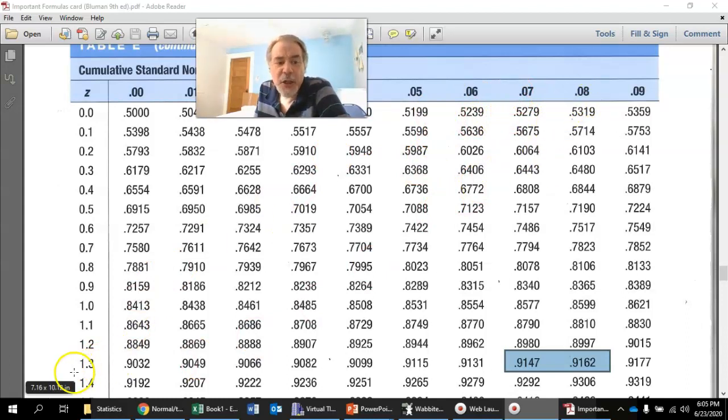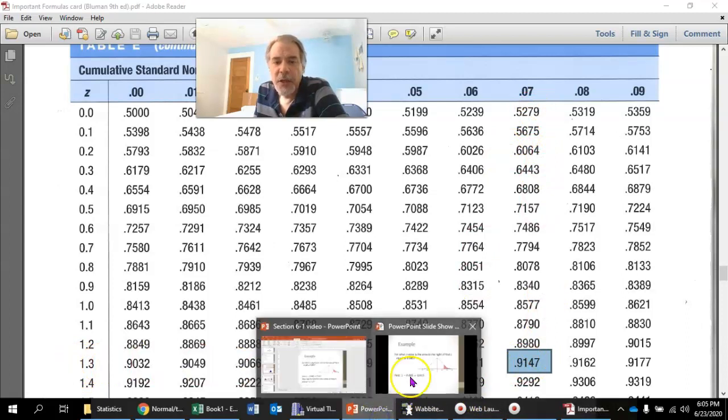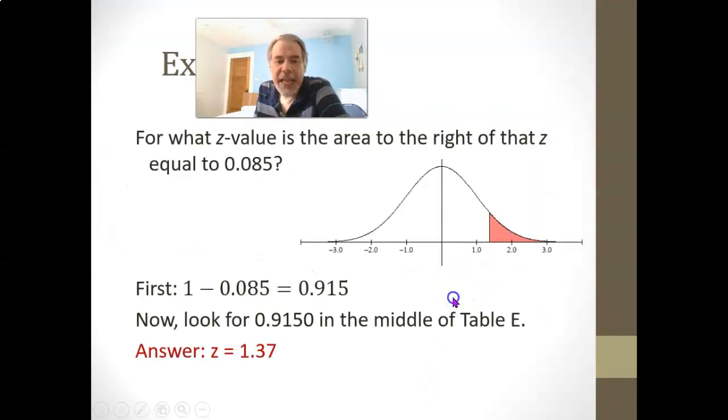And it's actually closer to 1.37 because 0.9147 is closer to 0.9150 than 0.9162 is. So the closest thing to 0.915 exactly, 0.9150, would be 0.9147, and that goes with a z-score of 1.37. So that is the answer. Z is 1.37.